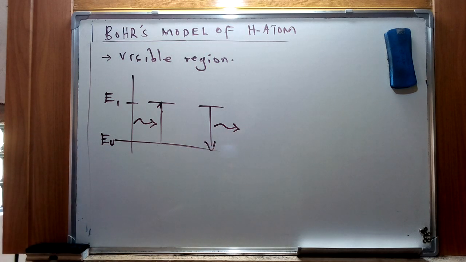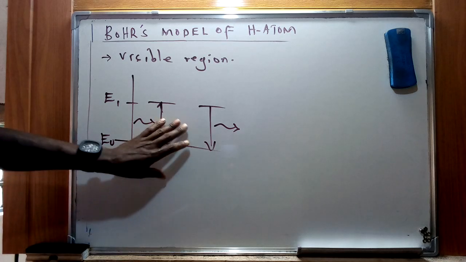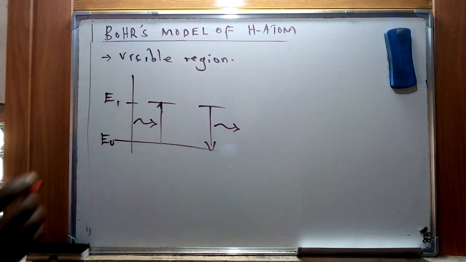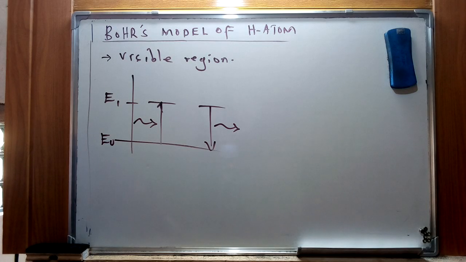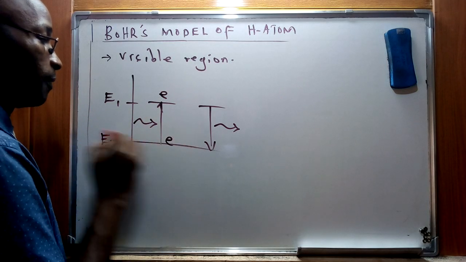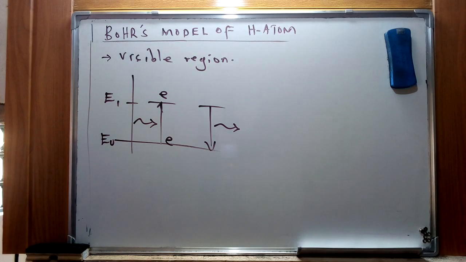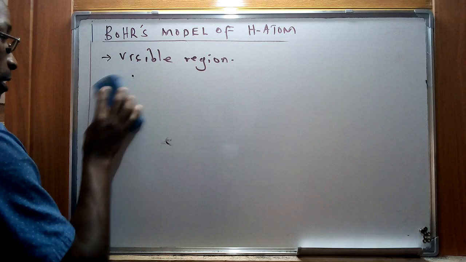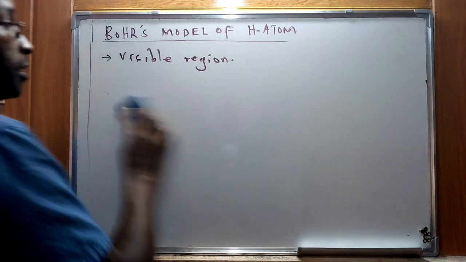These lines are formed by electrons which are excited and fall to the lower energy levels, and these energy levels are going to be given numbers, which I'm going to illustrate using this particular illustration.